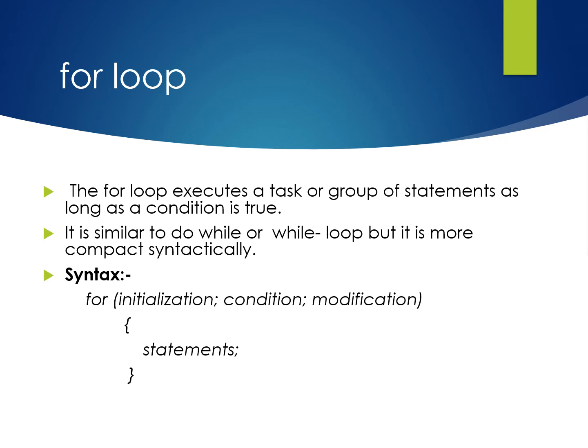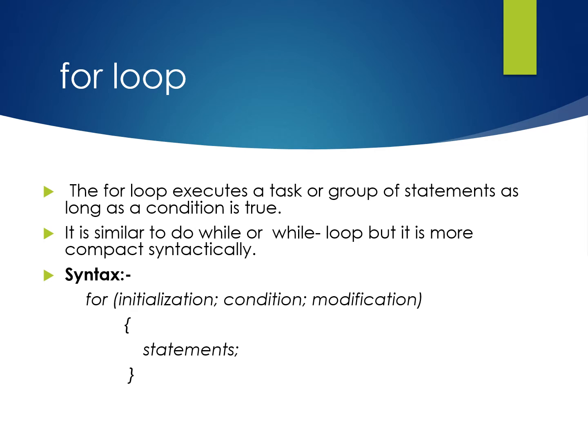In a for loop, we execute a task or a group of statements as long as a condition is true. It is similar to a do while or while loop, but it is more compact syntactically. In the syntax, we write first initialization, then semicolon, then condition, and then modification. Initialization is executed only once.